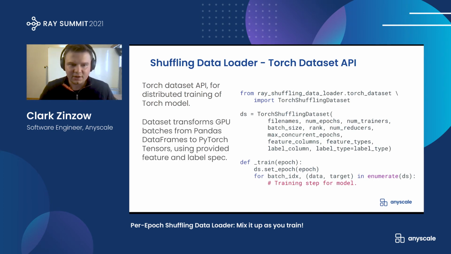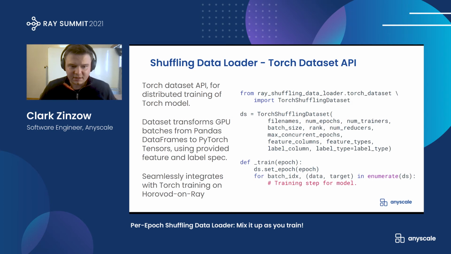And these are used to transform the GPU batches from the pandas data frames that the base dataset I just showed operates on to PyTorch tensors, and it transparently does that using the provided feature and label spec. And it'll try to smartly infer that spec as well, and we might add auto detection in the future by introspecting your data, for example, from the Parquet metadata.